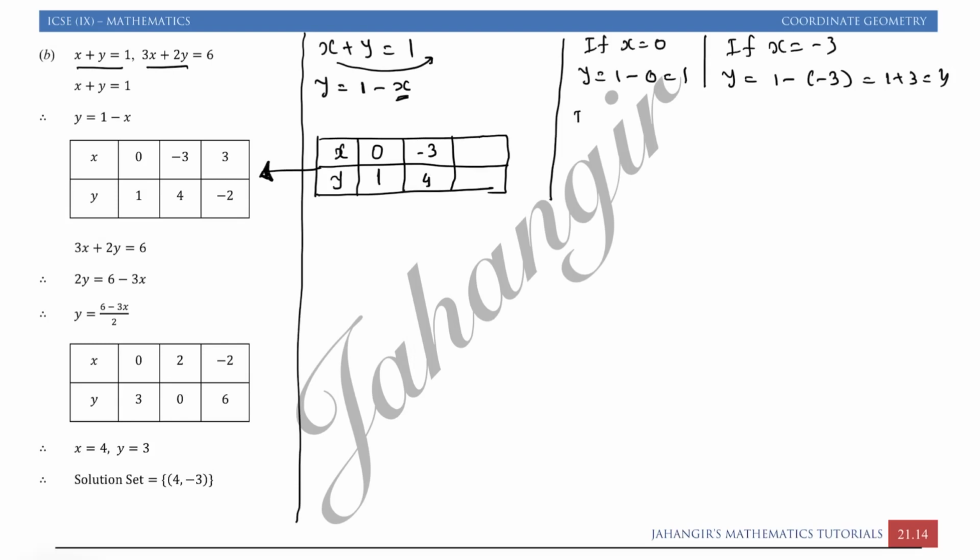Third value I can take x is equal to 3. So we get y is equal to 1 minus 3, that is minus 2. You can even take 1 so that it becomes 1 minus 1, 0. You can take any three values of x as per your choice and find their corresponding y values.